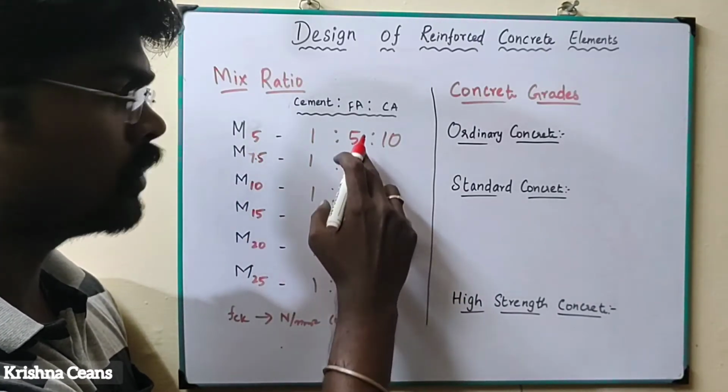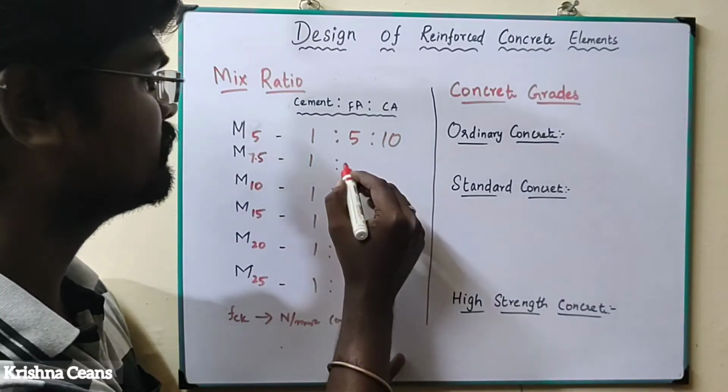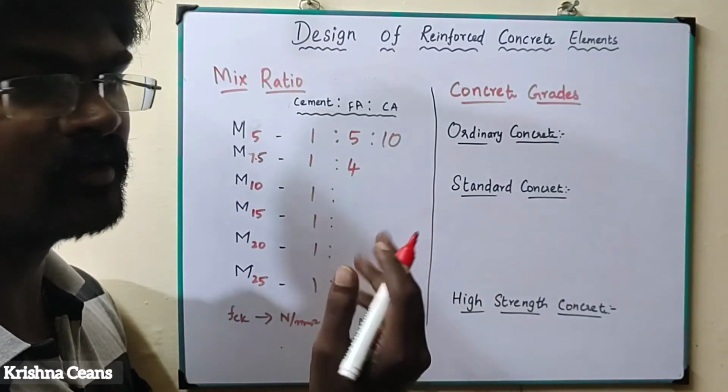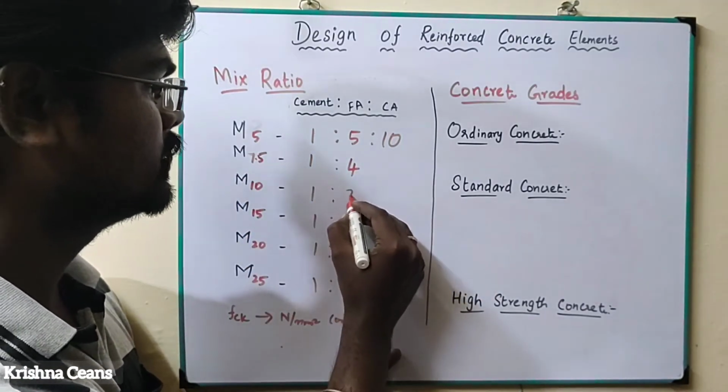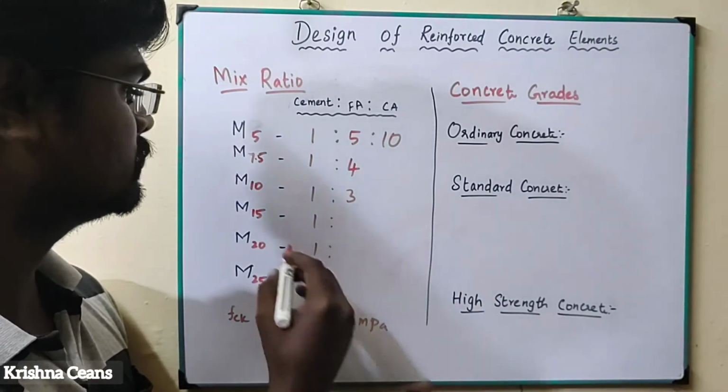We reduce the fine aggregate step by step: M7.5 has 4 parts of fine aggregate, M10 has 3 parts, M15 has 2 parts, M20 has 1.5 parts, M25 has 1 part. Coarse aggregate is twice the fine aggregate.